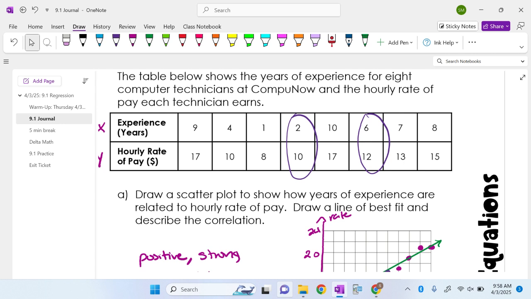Right. So if you think about it, if you have 9 years of experience, you're making $17 an hour. 10 years of experience, you're making $17 an hour. So you would think the more experience you have, the higher you'd make. But if we're working 15 years, we're making $16.50. We got demoted at some point. We went down.